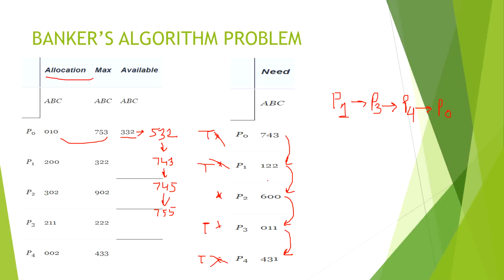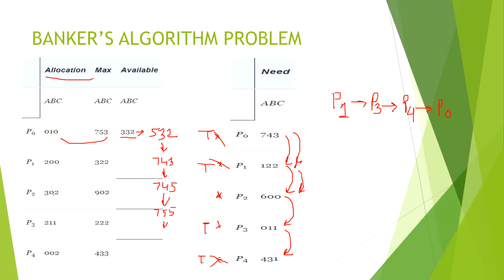And now we will check the other process, so here we will encounter that it has already been assigned, so we will not check further and go back to process 2. Okay, so now we will encounter that process 2 is not yet assigned, and now we will check whether 600 is smaller than 755, and yes, it is smaller than 755, and will be assigned.